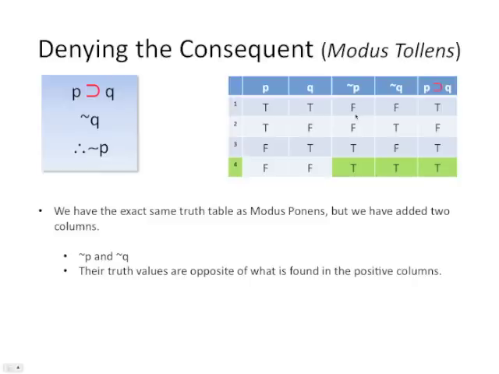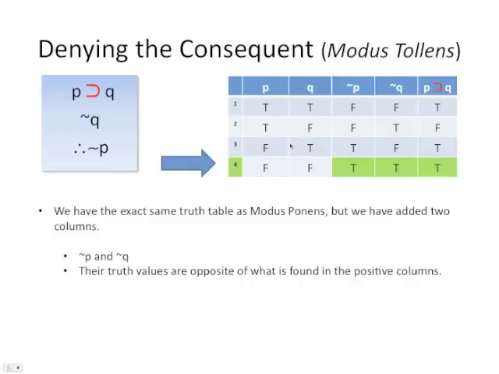So where we have positive P and positive Q, the third and fourth columns are actually just the opposite of what you see in those first 2 columns. In the case of row 1, where P and Q are true in columns 1 and 2, in columns 3 and 4, not P and not Q, the truth values have to be exactly the opposite.